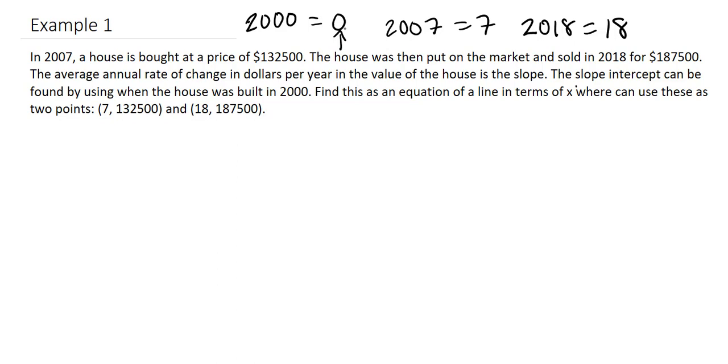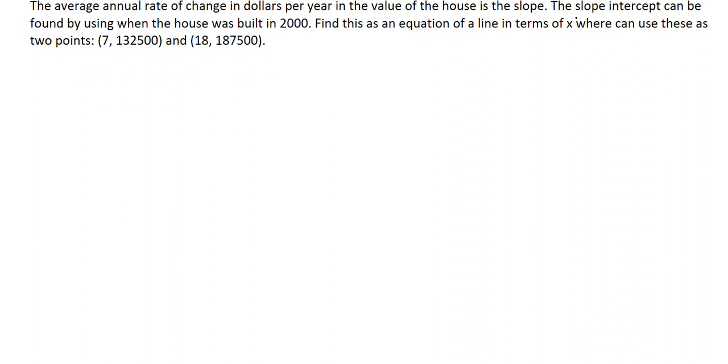So let's find an equation for this to show how over the years the price of the house goes up. The first thing we're going to do is find our m, our slope. So this is y2 minus y1 over x2 minus x1. This is our y2, this is our x2, then y1, which is here, and then we have x1.